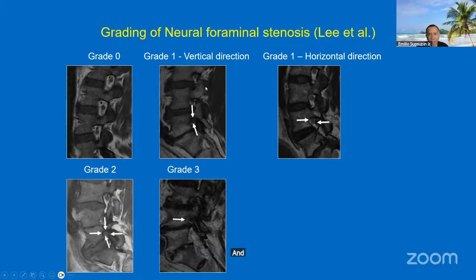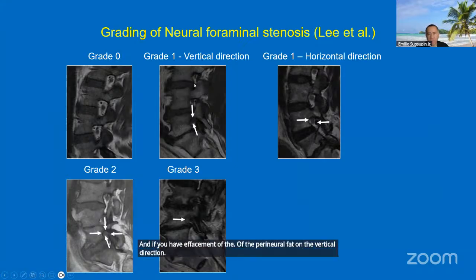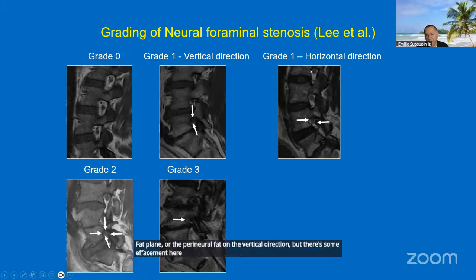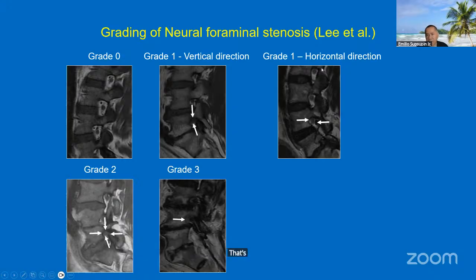And if you have effacement of the perineural fat in the vertical direction, like so, then that's a grade 1 or mild stenosis. In the horizontal direction also, you can see preservation of the fat plane, or the perineural fat, in the vertical direction, but there's some effacement here. That's still mild. That's grade 1.